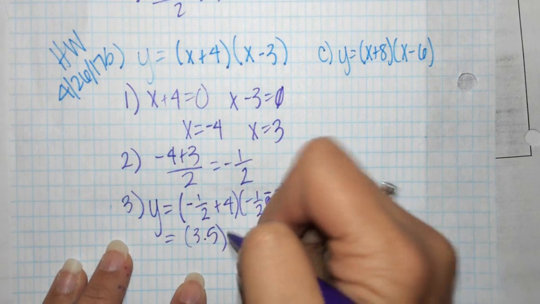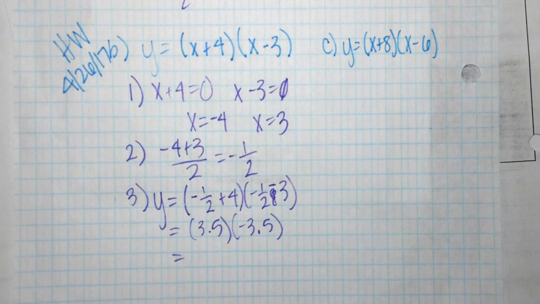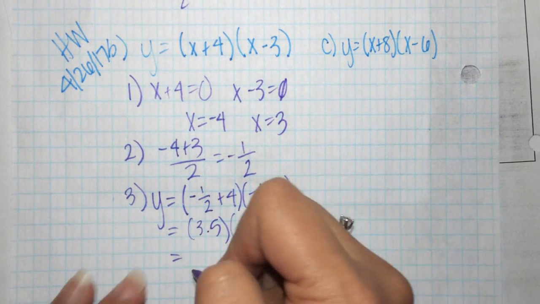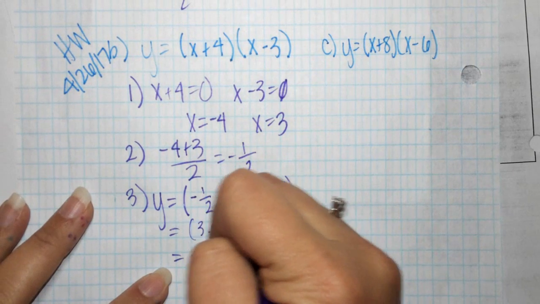Negative 1/2 minus 3 is negative 3.5. And when you multiply those together, what do you get? Negative 7. Negative 12.25. Yeah, I got that.